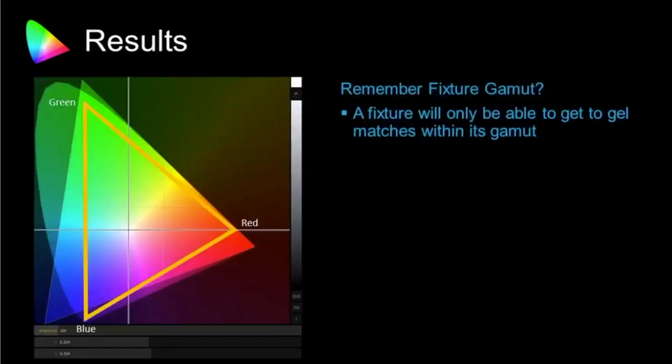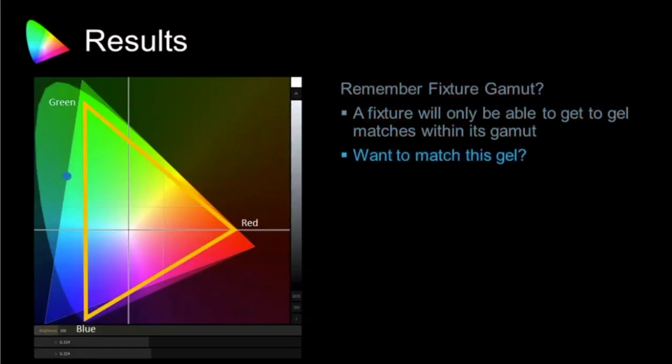So what are the results of this? Remember our fixture gamut? When we translate from absolute XYZ color space down to actual output, a fixture is only going to be able to get to a gel match that's within its gamut.